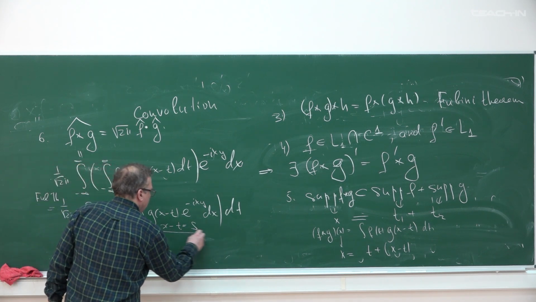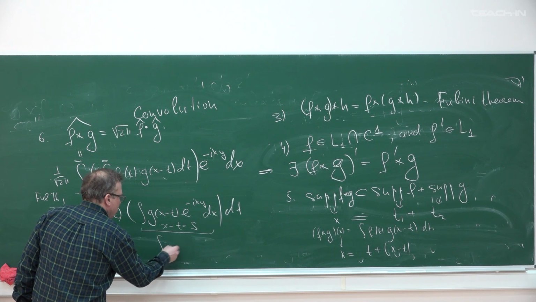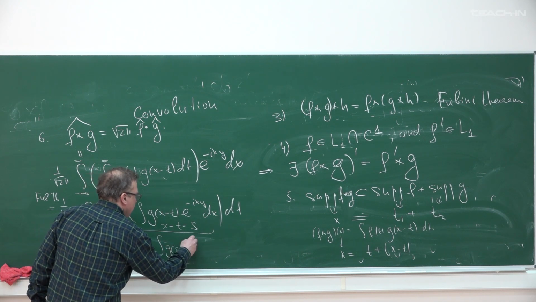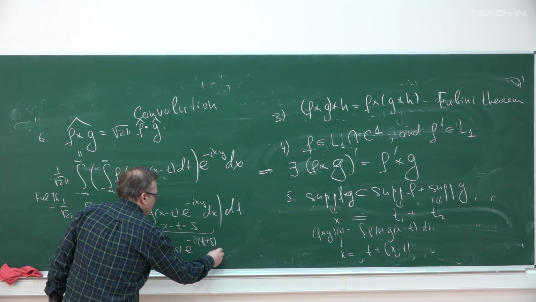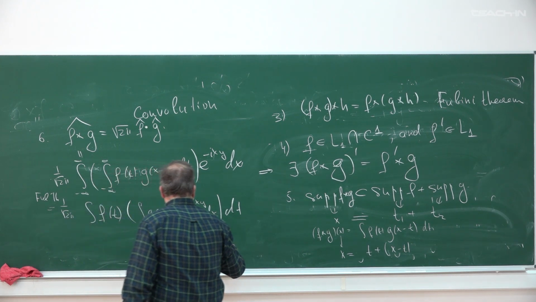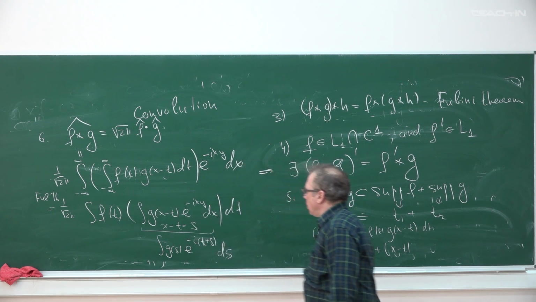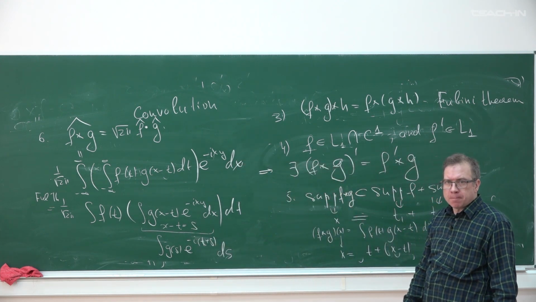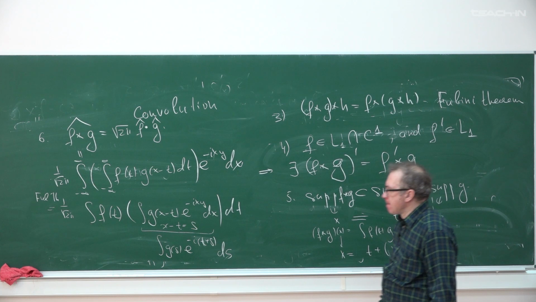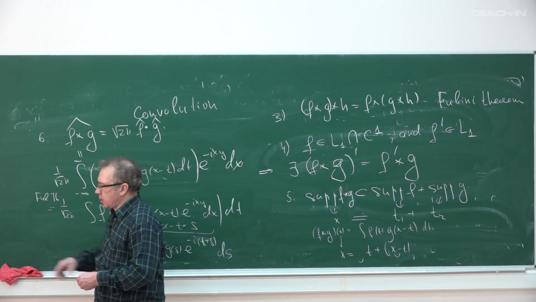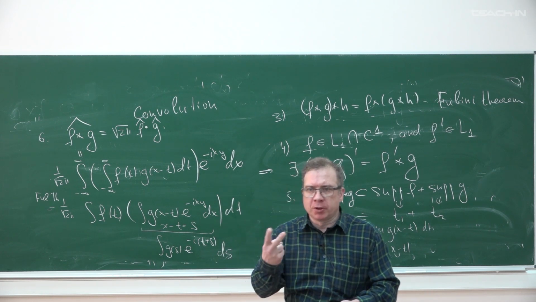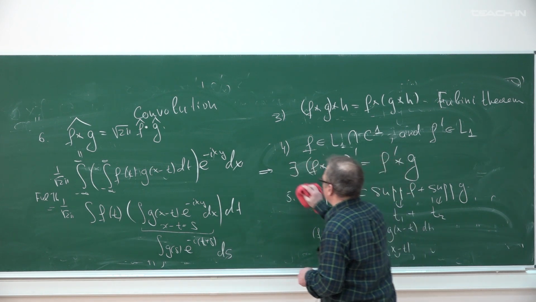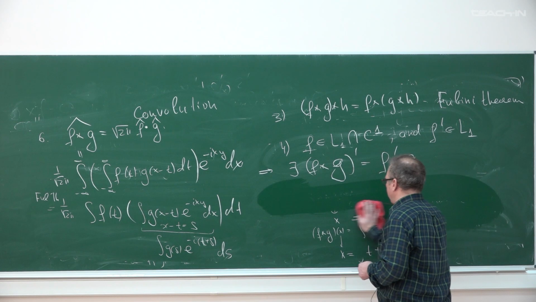So this integral changed to what integral? g of s times the exponent. And you see that our integral changed to the product of two integrals.